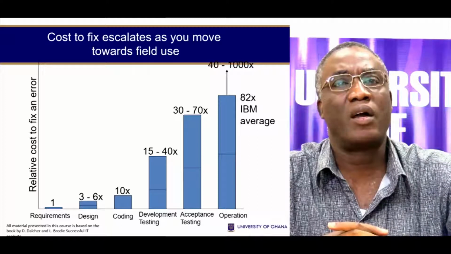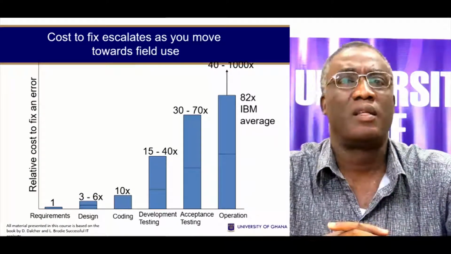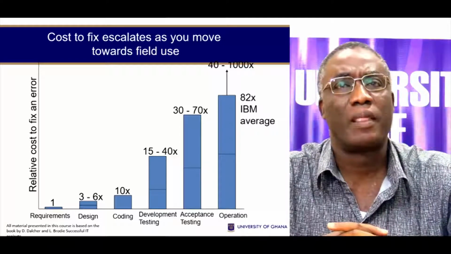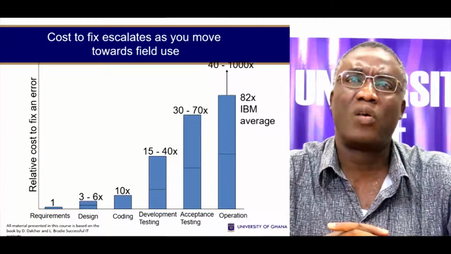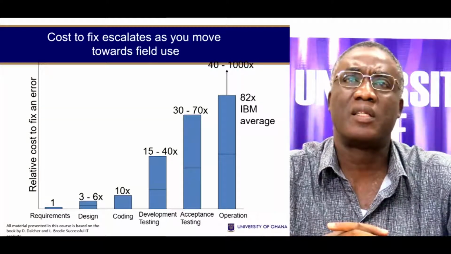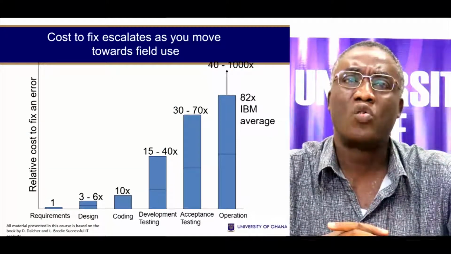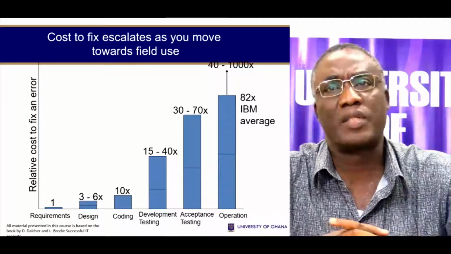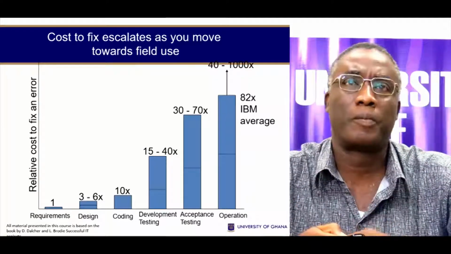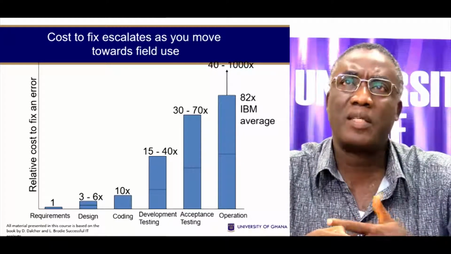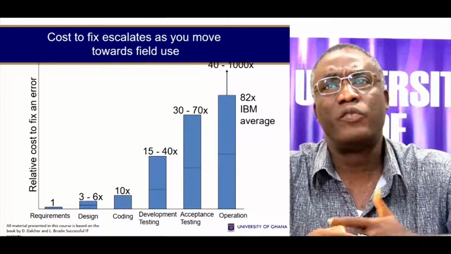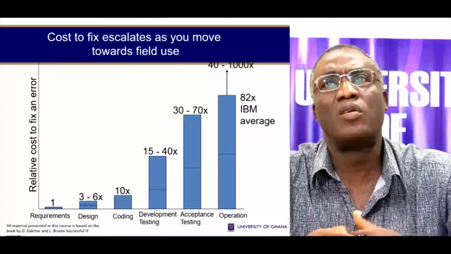If you find the error at the coding stage, then the cost to fix it goes up about 10 times. And if you find the error at the development or the testing stage, then the cost to fix it goes up by about 15 to 40 times, and so on and so forth. So you can see that it can be very expensive if you don't find the error early on.